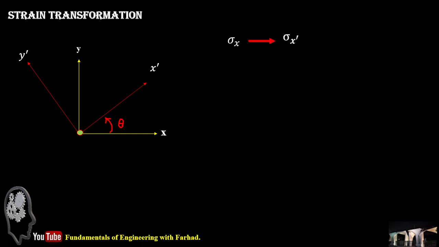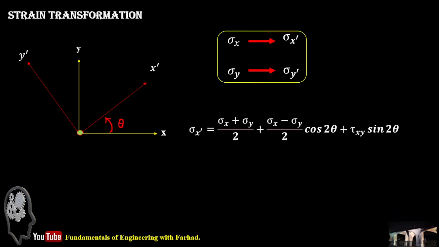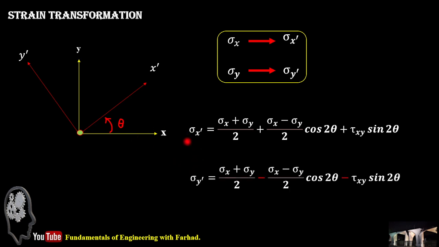So sigma x moves to sigma x prime, sigma y moves to sigma y prime, and if you use the formula, sigma x prime can be calculated from this formula, and sigma y prime similarly from this formula. If you want to know how we can calculate them, it's a simple calculation: a summation of forces in the x and y directions equal to zero gives you this formula.